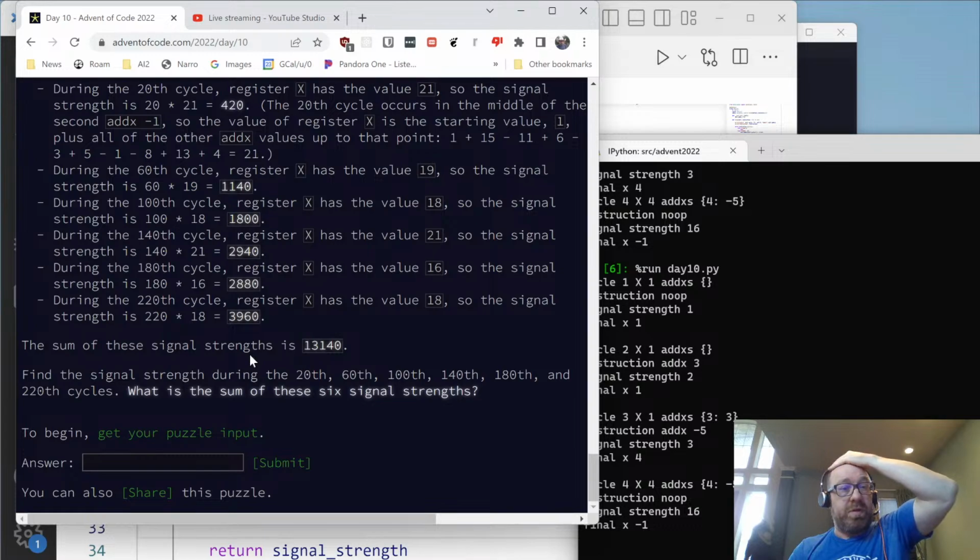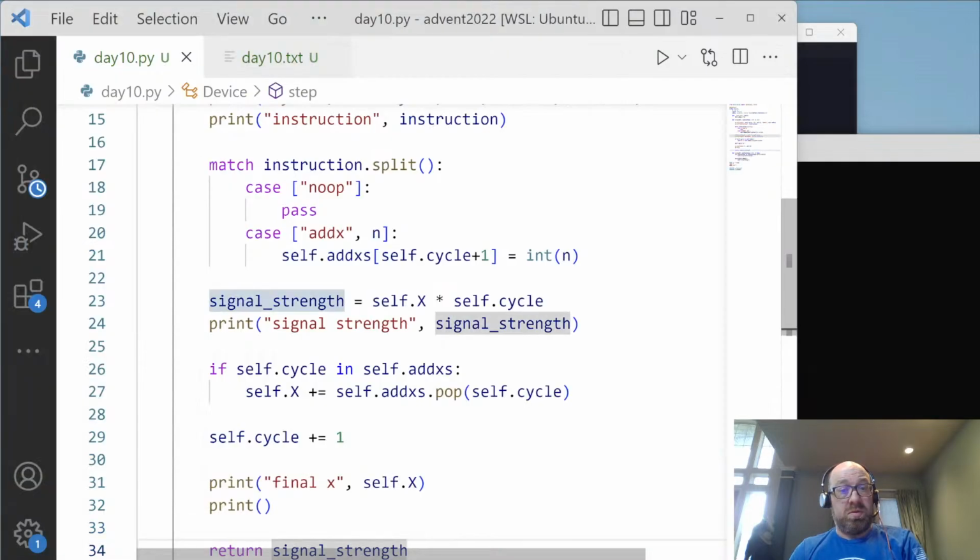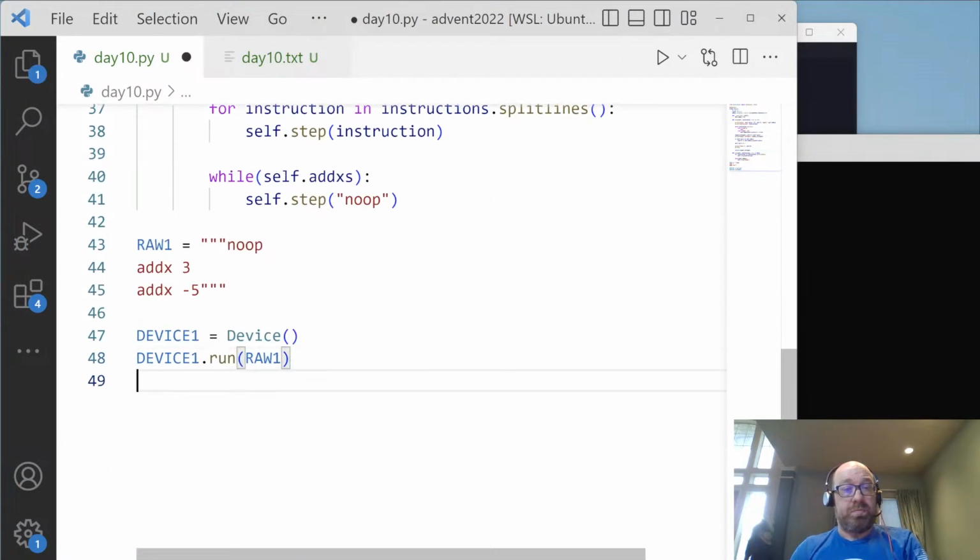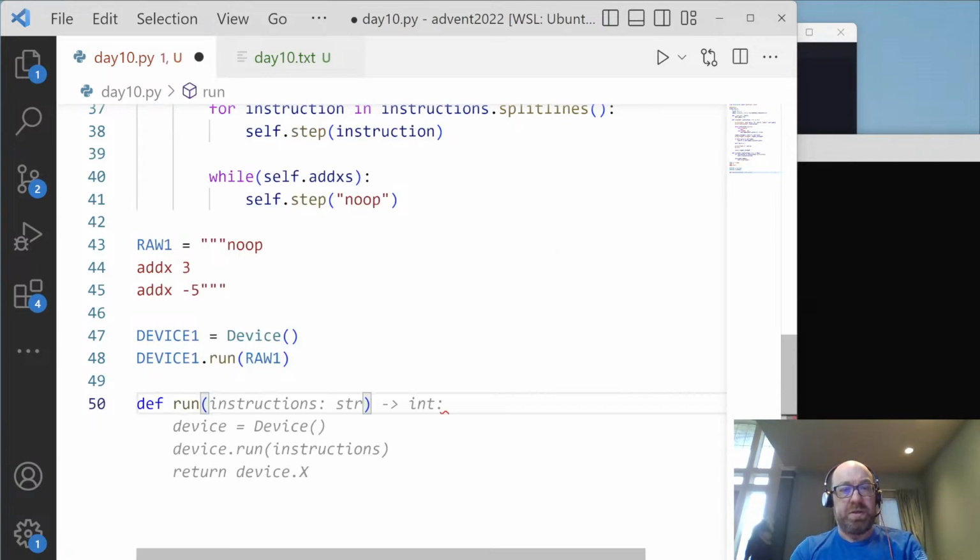Find the signal strength during the 20th. Okay. And let's say instructions is a string, int.